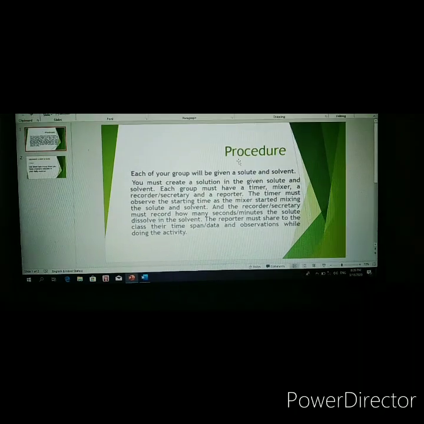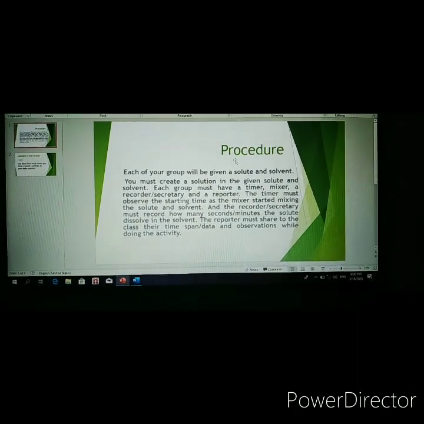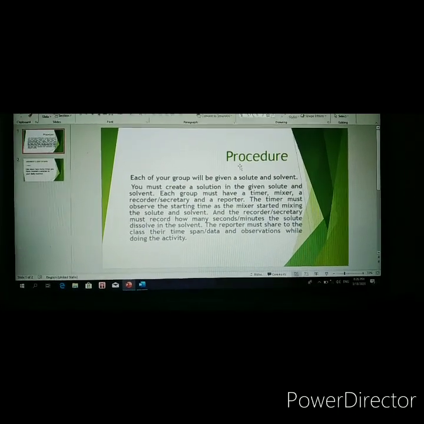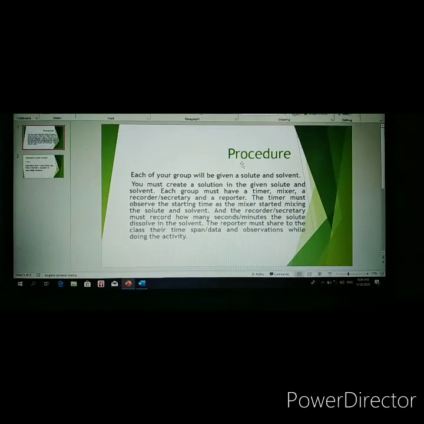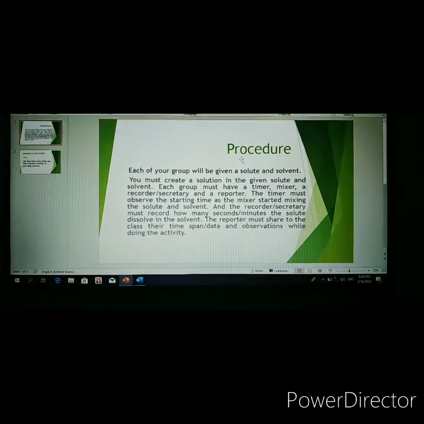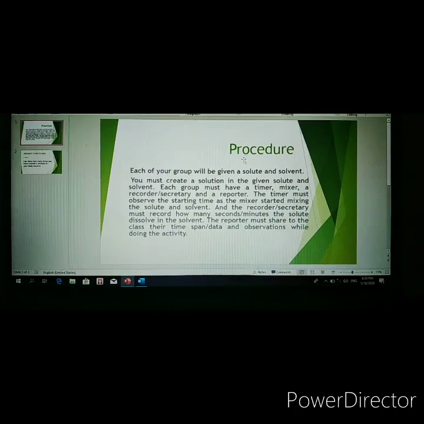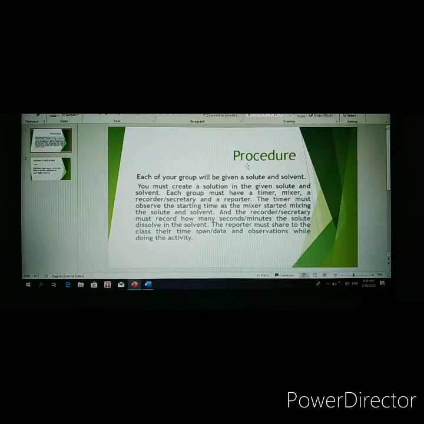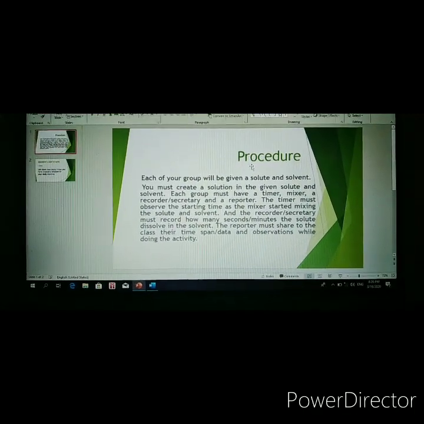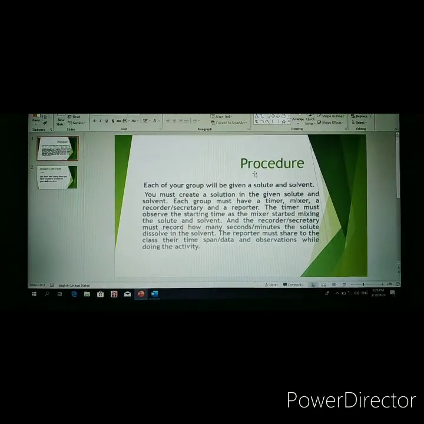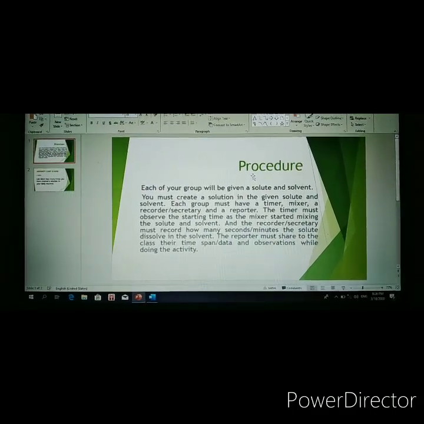Each group must have a timer, mixer, recorder or secretary, and a reporter. The timer must observe the starting time as the mixer starts mixing the solute and solvent. The recorder or secretary must record how many seconds or minutes the solute dissolves in the solvent. The reporter must share with the class their time span, data, and observations while doing the activity.